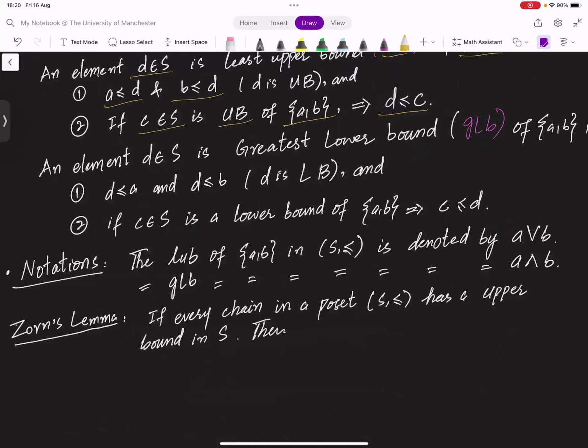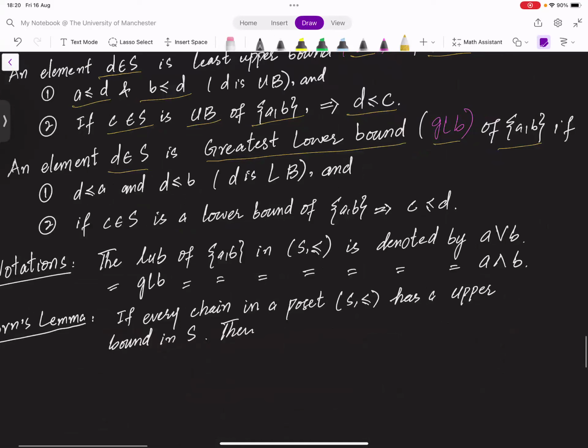Similarly, an element D is the greatest lower bound, GLB, of the subset if first it is a lower bound, for which we have these two conditions, and for any C which is a lower bound of this set, C should be less than or equal to D. That's how D will be a greatest lower bound.